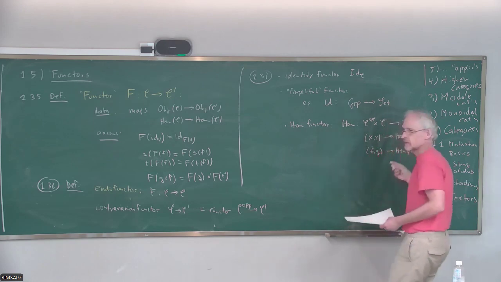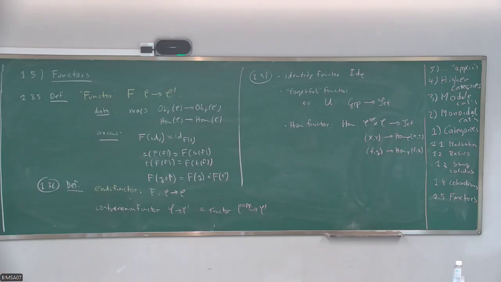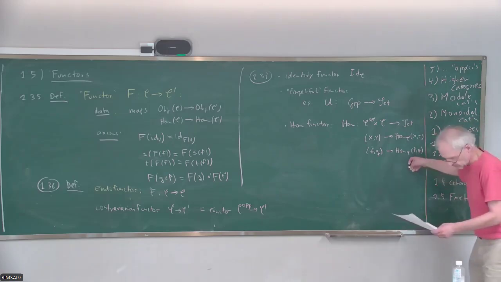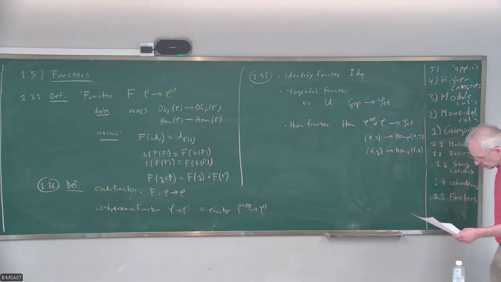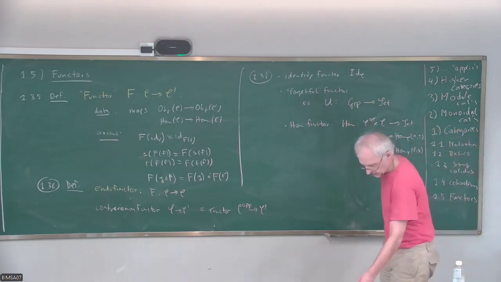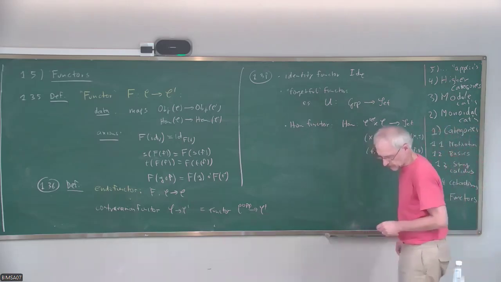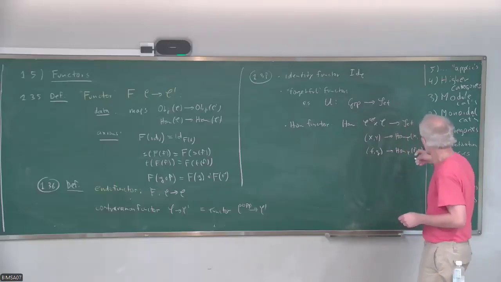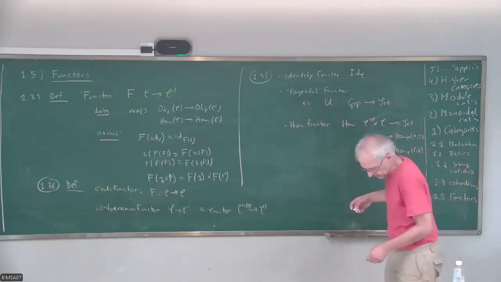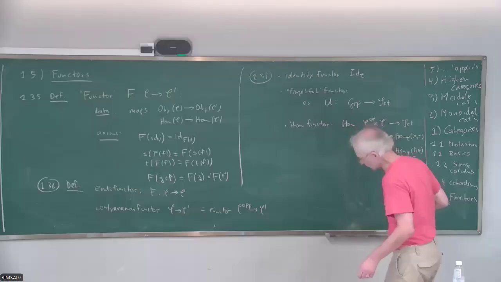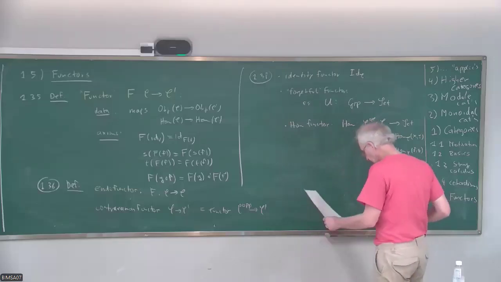well, let me just write it like that. I have not used this notation before. What do you mean by that? If you take any morphism, well, maybe I write this down.